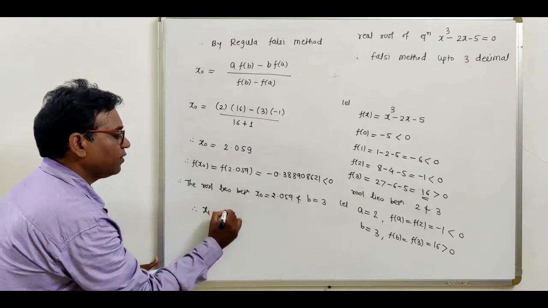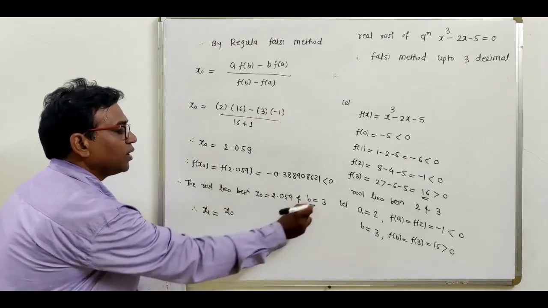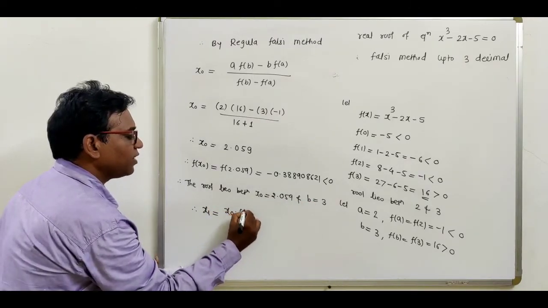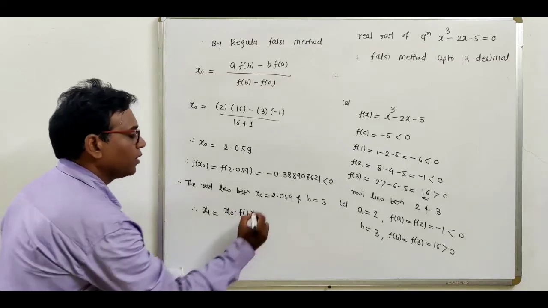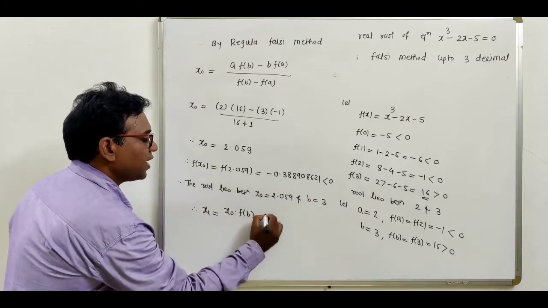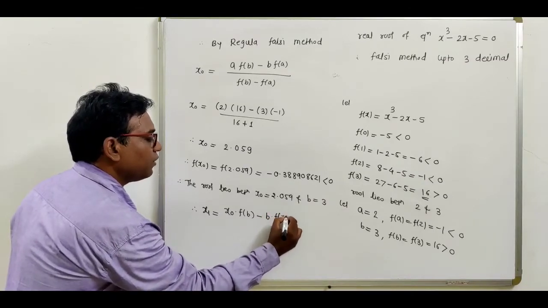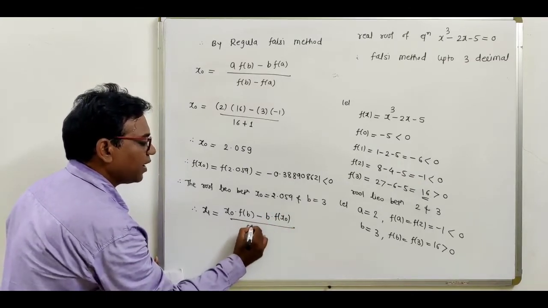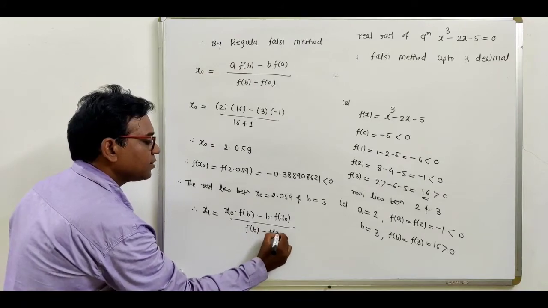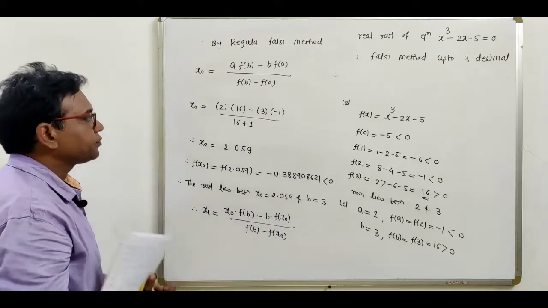So what is that formula? x0 into opposite functional value, that is fb, minus b into opposite functional value fx0, divided by fb minus fx0.